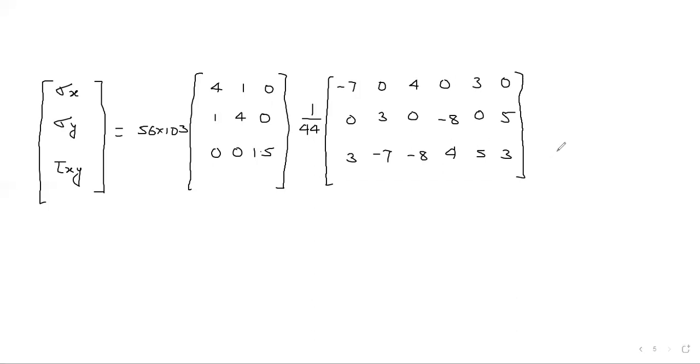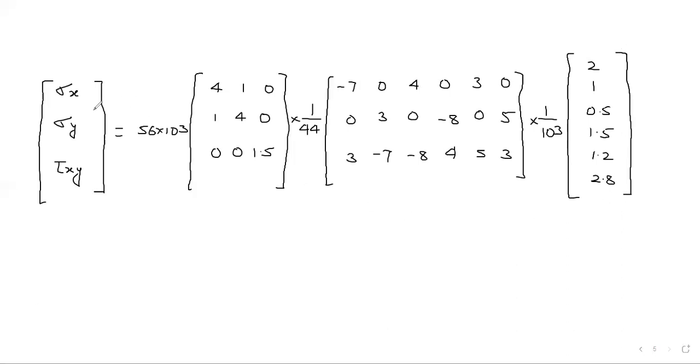Now into the delta matrix. So the delta matrix we have, these all are in multiplication, 1 by 10 to the power 3. We have delta matrix as 2, 1, 0.5, 1.5, 1.2, 2.8. Now just multiply, we will get sigma x, sigma y and tau xy.